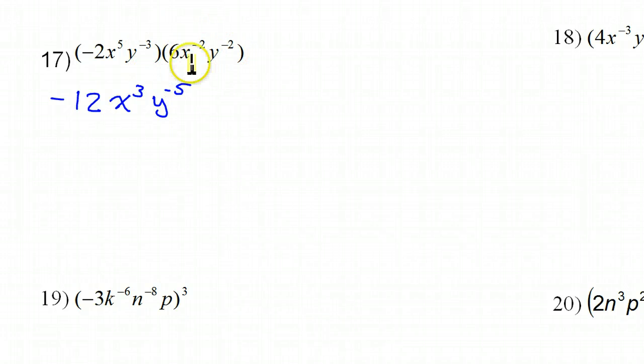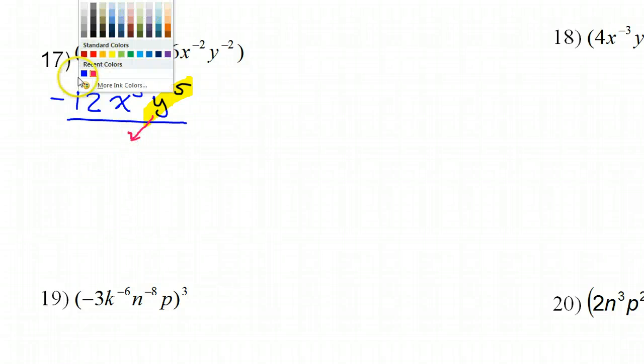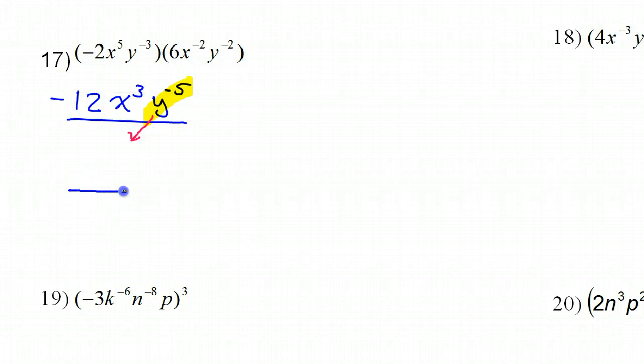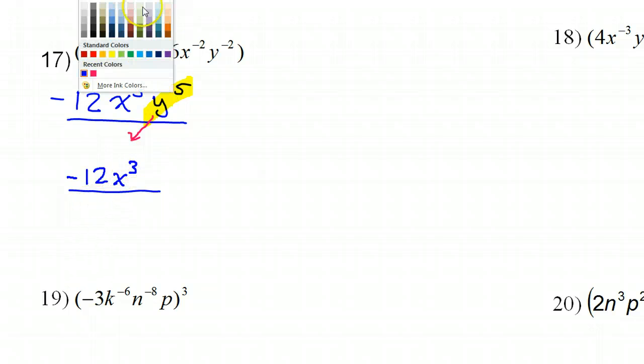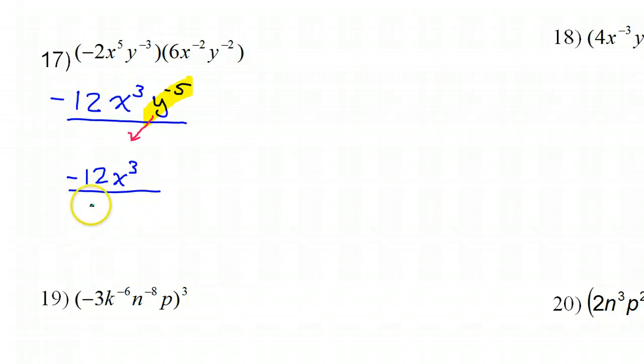Anything with a negative power is on the wrong side of the invisible fraction. The invisible fraction is right here, understood. So this y term is going to have to drop down to the bottom. So I am going to have my negative 12 x to the 3rd power over y to the positive 5 power.